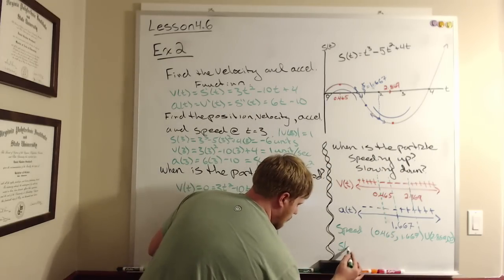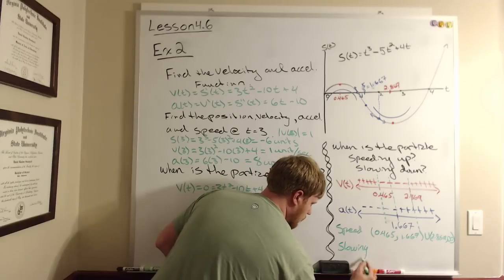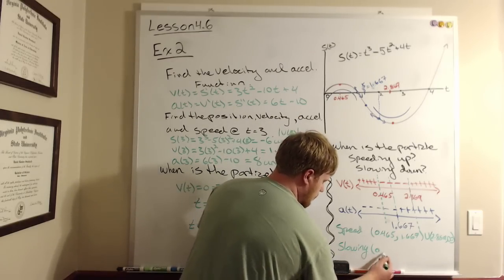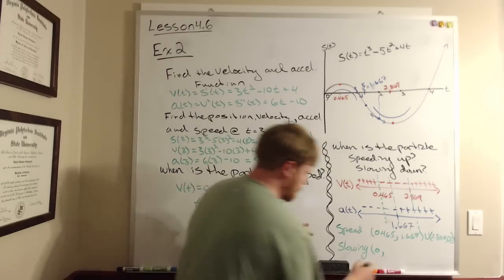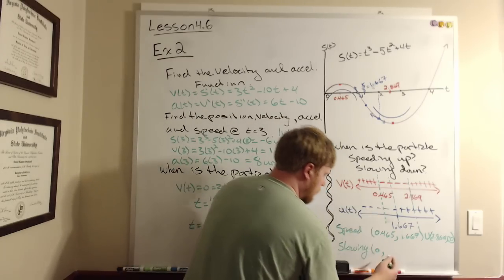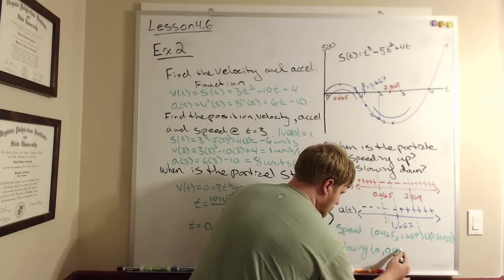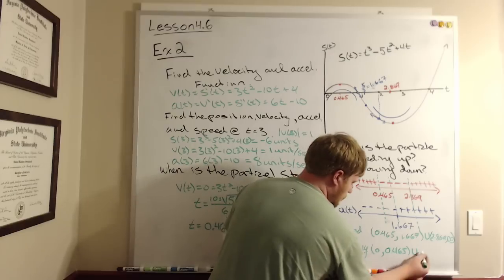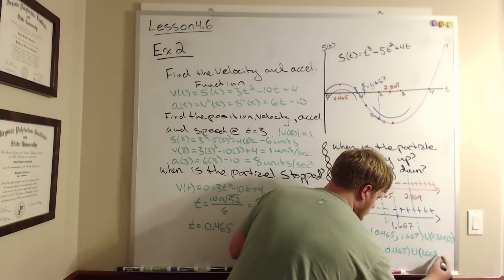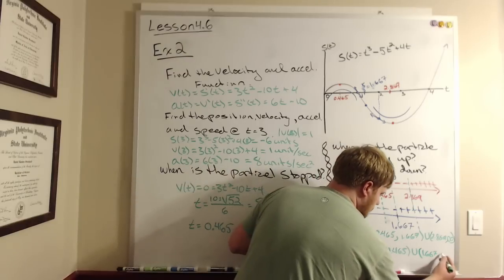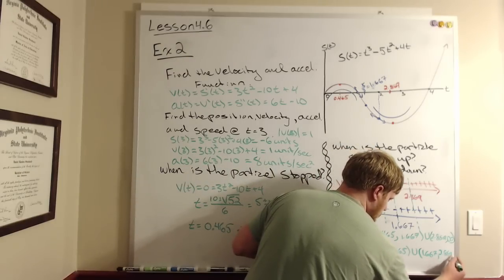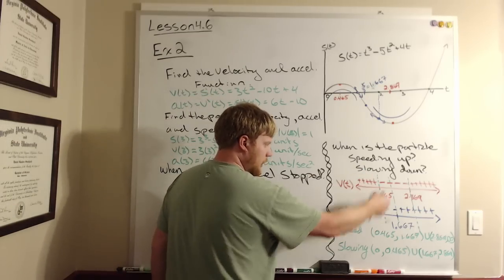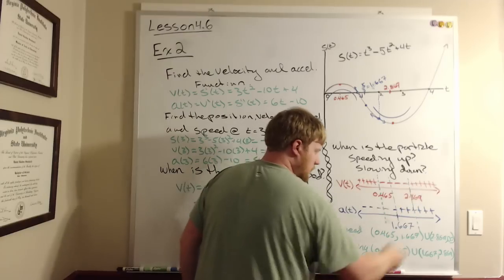And then I'm slowing down from 0, because time can't be negative, from 0 to 0.465 union 1.667 to 2.869. Okay? Slowing down, speeding up, slowing down, speeding up.